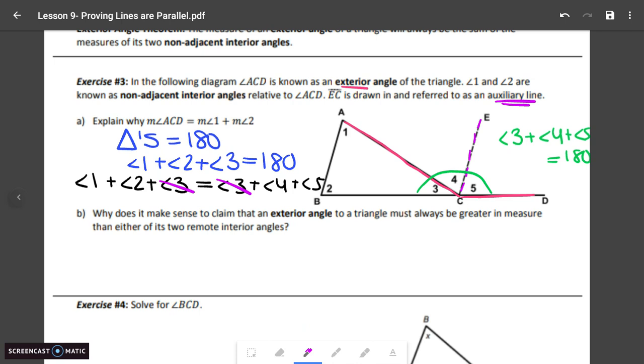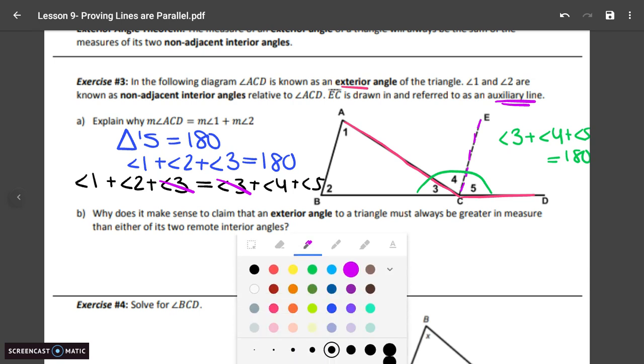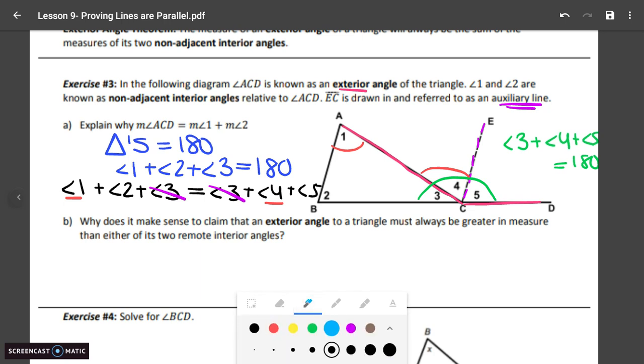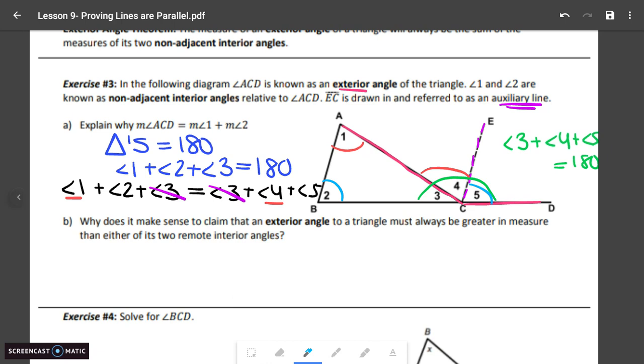And I want to think here, I know that angle 1 is congruent to angle 4 because I drew in a parallel line, so those are my alternate interior angles. So I know 1 and 4 are equal. And I also know that 2 and 5 are equal because those are corresponding angles. So if I know those 2 pairs are equal, notice 1 and 2 made up the remainder of the triangle, while 4 and 5 made up the outside piece. The exterior angle is always equal to the 2 inside.